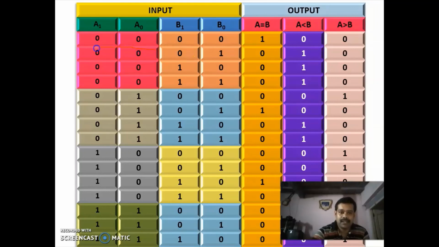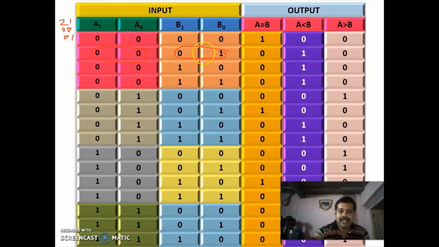If you put the decimal values, you can clearly understand. 00 is 0 and 01 is 1.